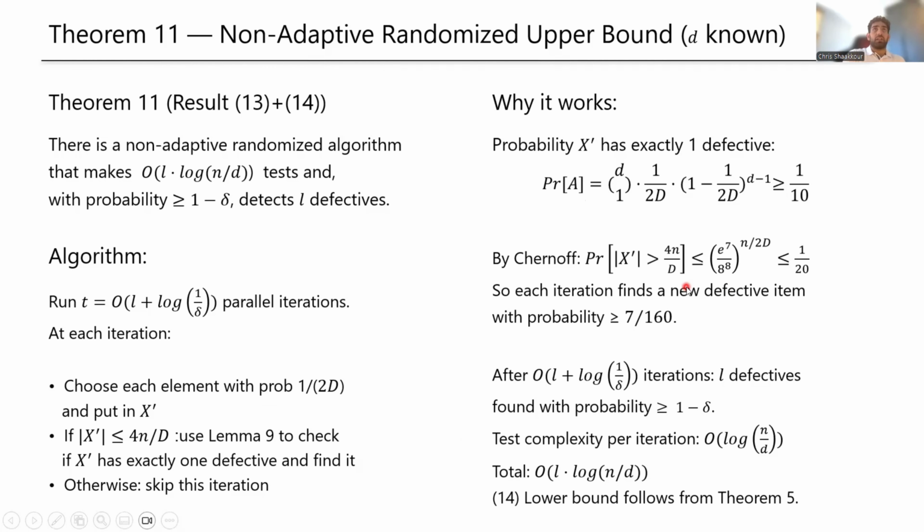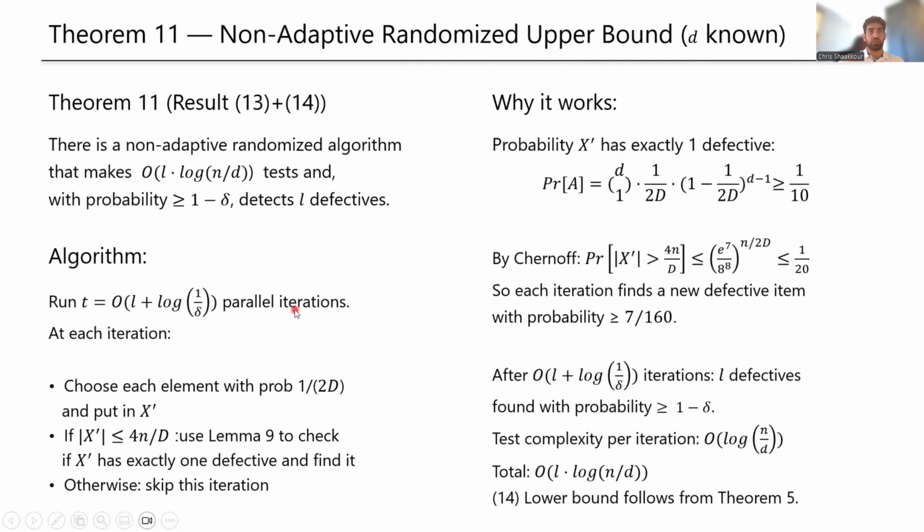So theorem number 11 is the non-adaptive randomized upper bound where D is known. The theorem says: there is a non-adaptive randomized algorithm that makes O of L log n divided by D tests, and with probability greater than 1 minus delta detects L defective items. So the algorithm goes like this. We run T, the number of iterations or tests, which corresponds to the test complexity, of L plus log 1 divided by delta parallel iterations.